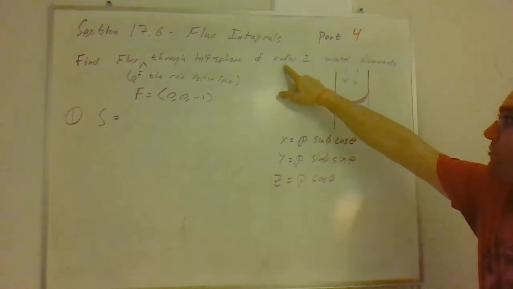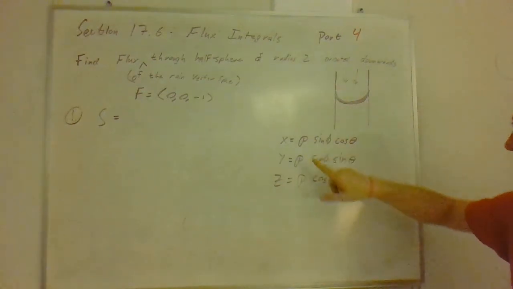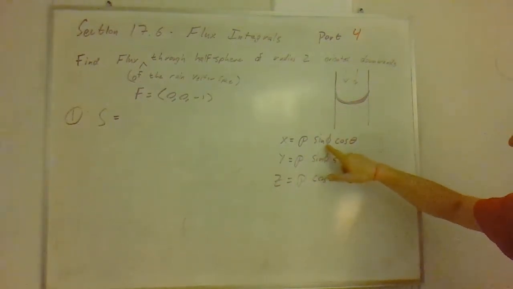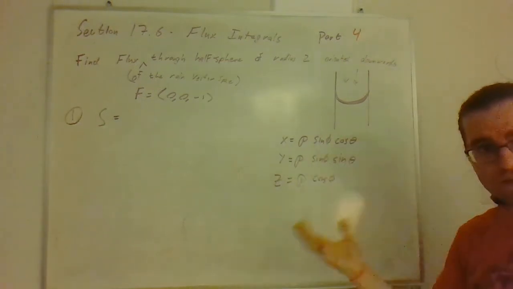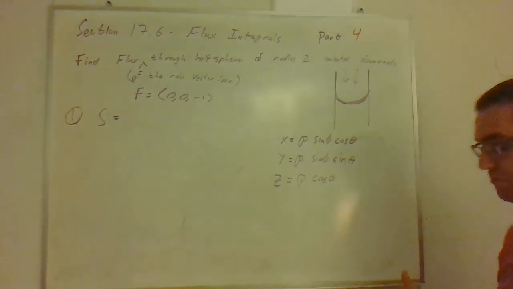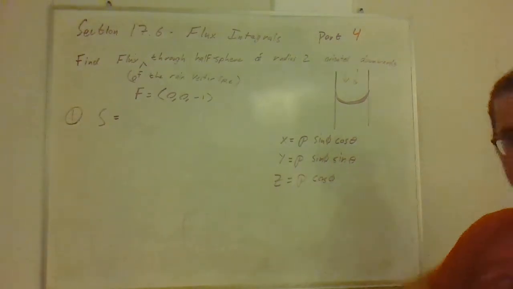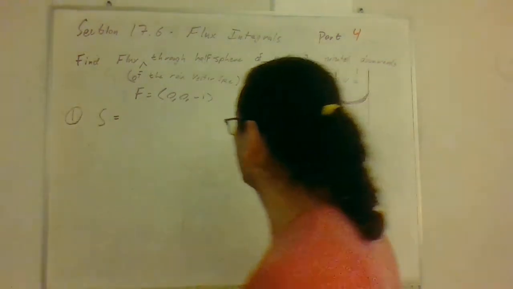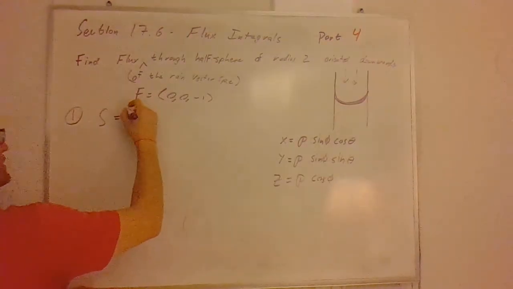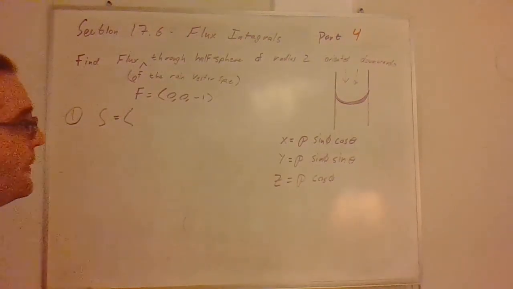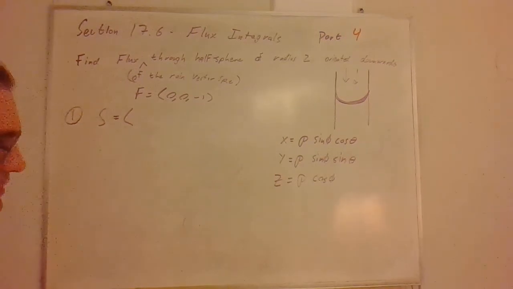If we fix the radius at 2 and we let phi and theta vary across whatever they normally vary across, that's how we parameterize the surface of a sphere. So it's big and it's kind of messy, but it gets the job done. Maybe I shouldn't say elegantly. It gets the job done, I will say that.